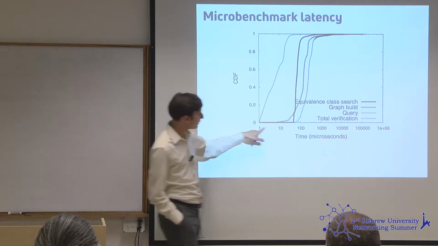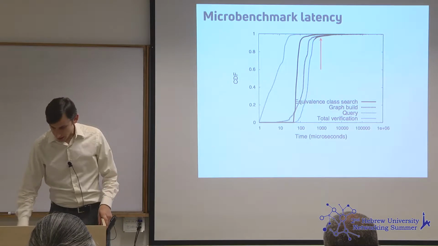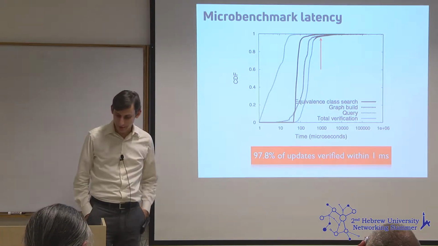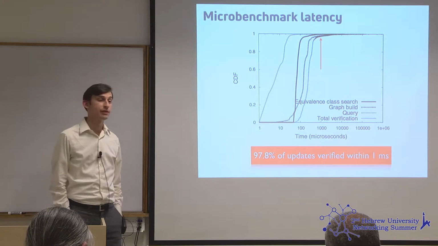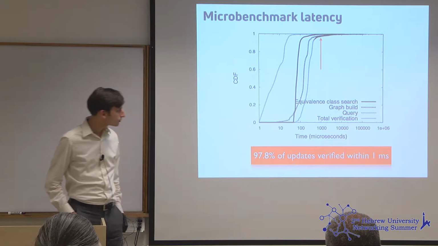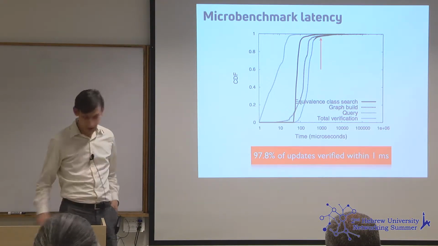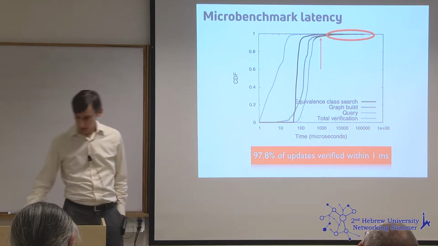It is log scale. So you can read this and say that 97.8% of updates were verified within 1 millisecond. Because typically, there's only a small amount of the network that's changing. Okay? Sometimes there's a large number of changes, then it took longer.